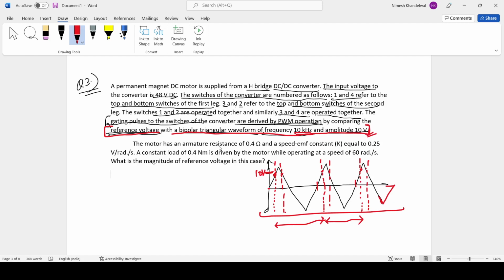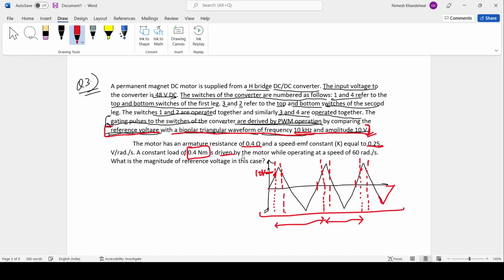Then we have been given some things about the motor. The armature resistance is 0.4 ohm and the speed EMF constant, or the back EMF constant, is 0.25, and a constant load. Again here we have a constant load that has been given to us.